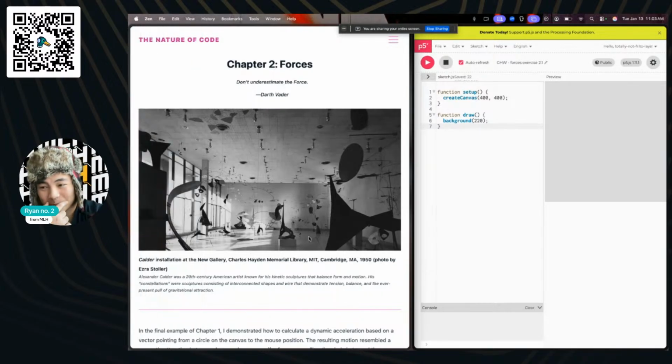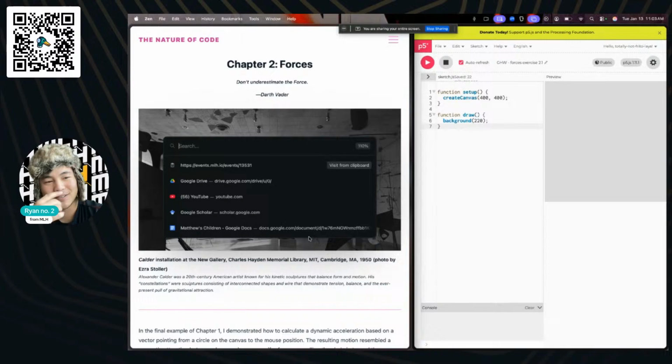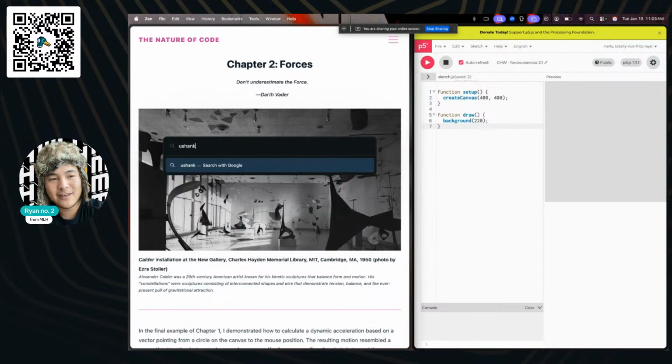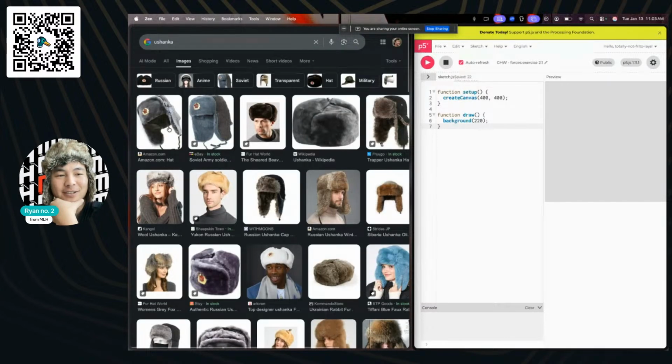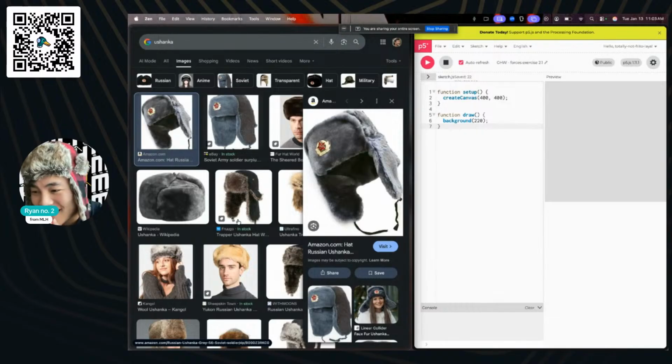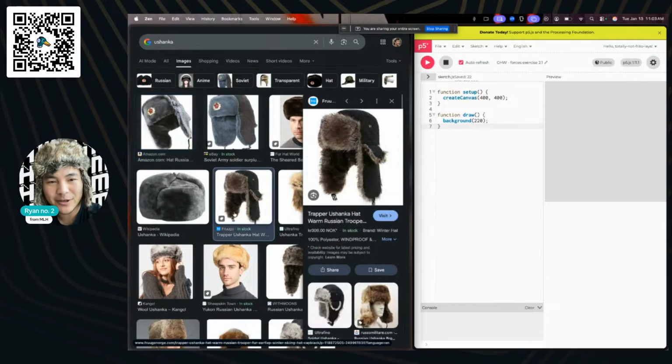But yeah, it's a really funny side tangent. When I first got this hat, I noticed there's this Russian warm hat that's called an ushanka, and looking at this hat in the store, I thought, ooh, this looks kind of like an ushanka.